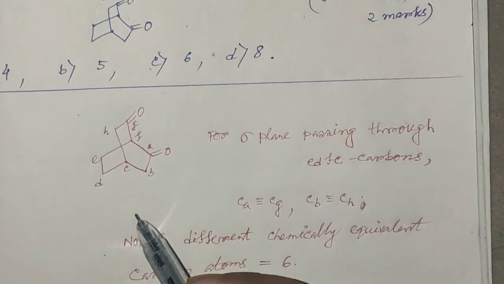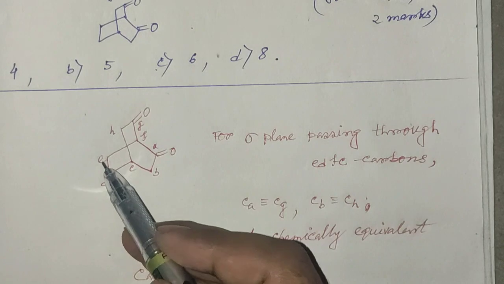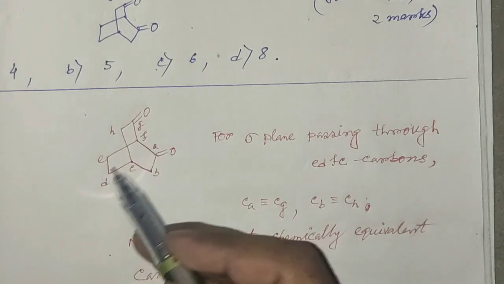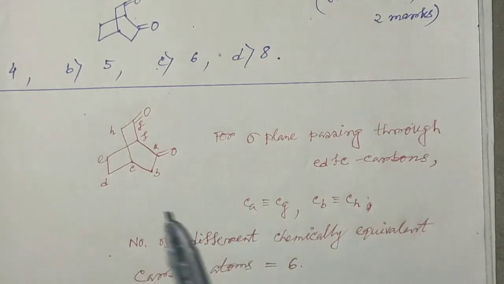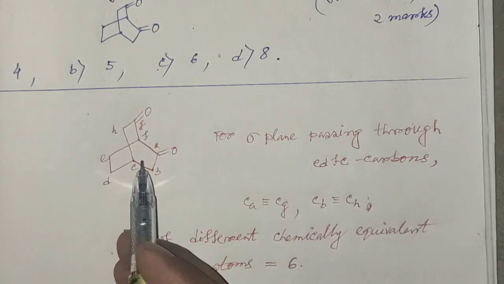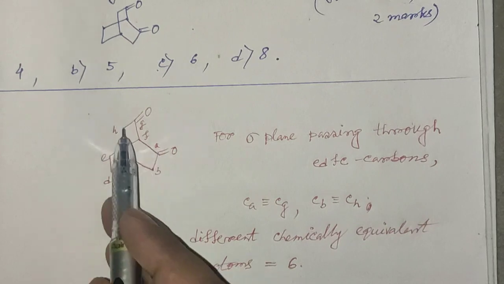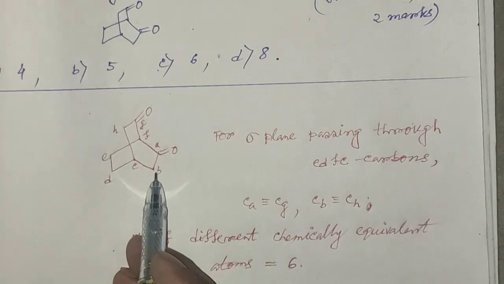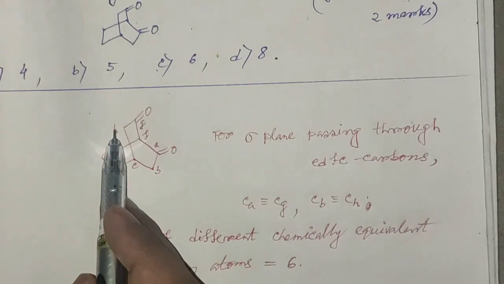Now, if we consider a sigma plane passing through the ED and CF plane, this will bisect the molecule into 2 halves, and for that this A carbon will be equivalent to G carbon and this B carbon will be equivalent to H carbon.